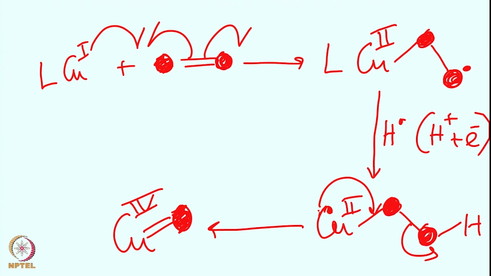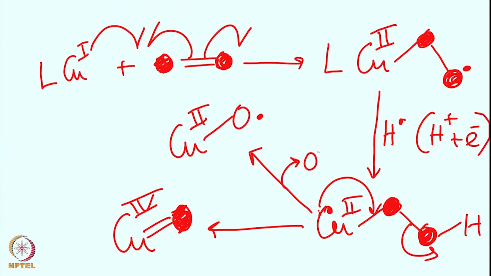But what is also possible is that you can have a homolytic cleavage to give you Cu(II)O dot, right, giving rise to OH dot formation along with it. So, that is possible. In this case what you are having is HO minus out, which can be protonated to give you water species.